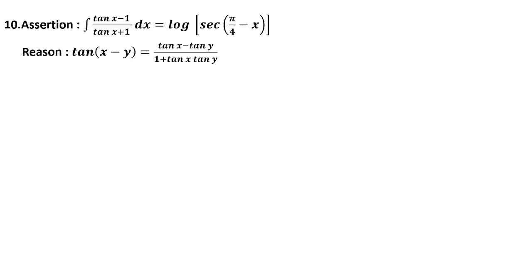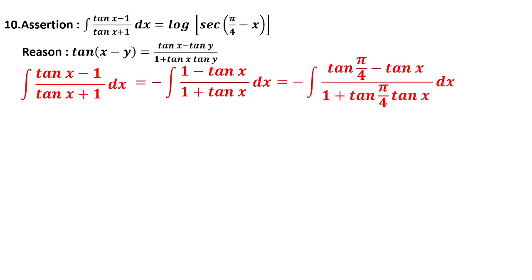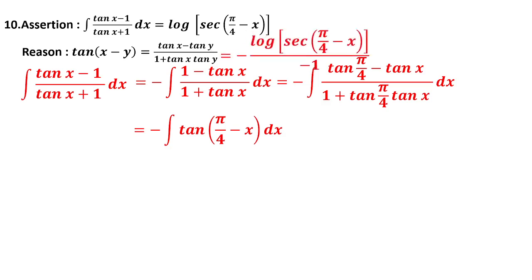You have been given integral tan x minus 1 by tan x plus 1 is log of something, and you have been given a formula also. Tan x minus 1 by tan x plus 1, taking minus sign outside. This looks like the formula tan pi by 4 minus tan x by 1 plus tan pi by 4 tan x. Looks like tan x minus tan y by 1 plus tan x tan y, which is tan of x minus y.